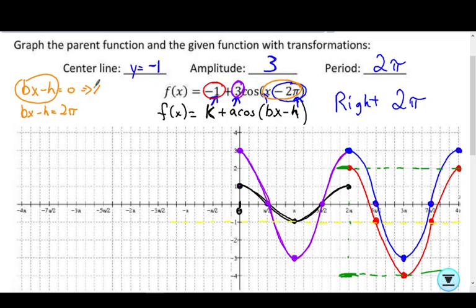So this would be x minus 2 pi equals 0, which means x equals 2 pi. That's where our wave is starting. And this one would be x minus 2 pi equals 2 pi, and you move it over and get x equals 4 pi. That means our wave starts at 2 pi and ends at 4 pi. So that is another way to figure out where it begins and where it ends. Okay?